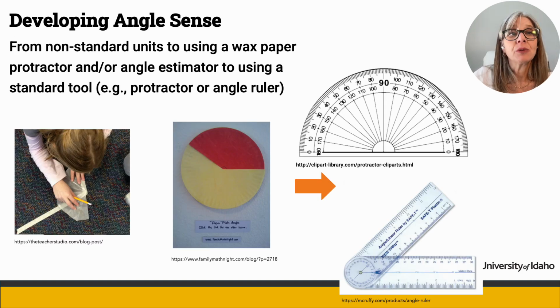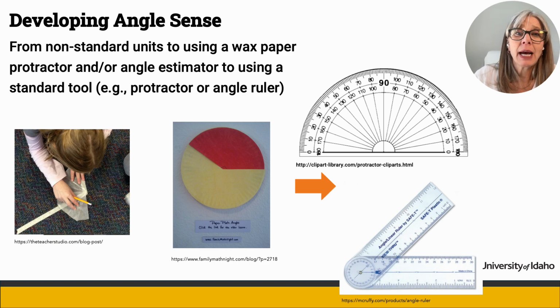Moving students too soon to use a standard protractor may be one reason for the challenges with determining angle size. Here we see other tools to use besides protractors. We build a student's angle sense moving from using wax paper protractors or an angle estimator tool to using standard tools such as a protractor or angle rule.